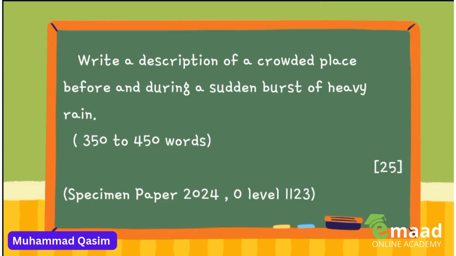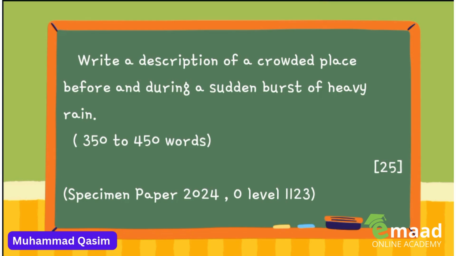Then, what happens after a sudden burst of rain? If there are stalls and shops, people frying snacks and food items, and suddenly everyone starts rushing. There are people crying, children playing, and what quickly happens during a sudden burst of heavy rain.